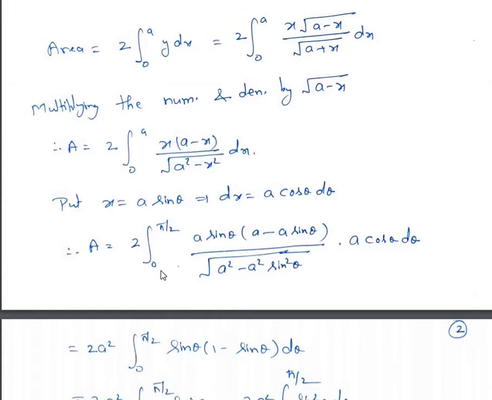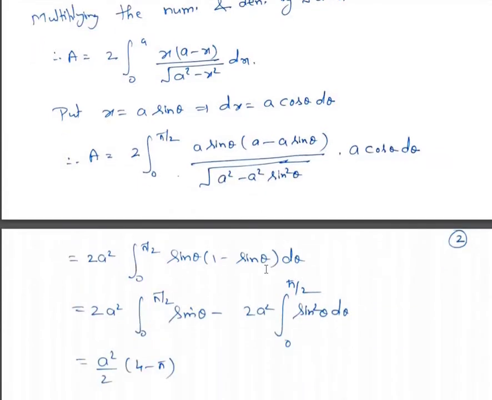So area is equal to 2 times the integral from 0 to π/2 of a sin θ (a − a sin θ) upon root of (a² − a² sin² θ), and dx is a cos θ dθ. Now a² − a² sin² θ is a² cos² θ, square root is a cos θ. So a cos θ gets cancelled.